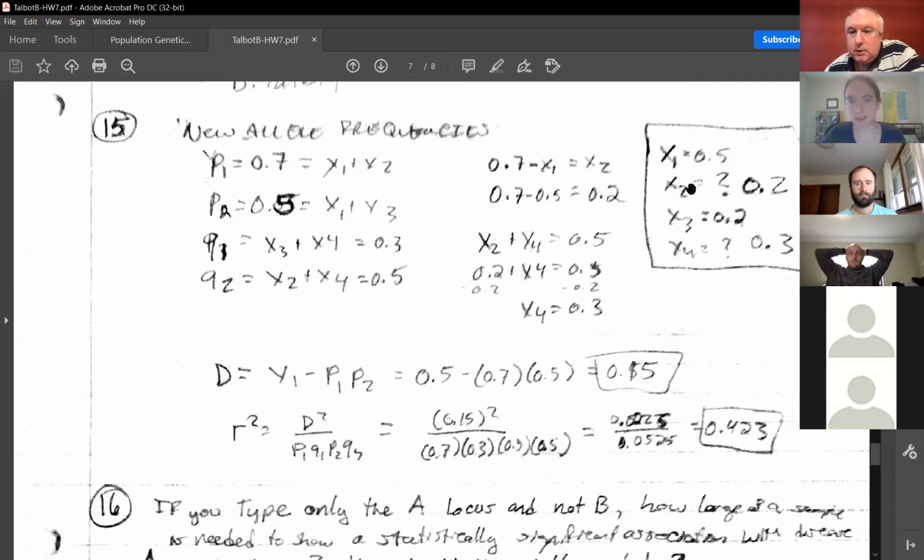What I needed to solve for was X2 and X4, because those are the two different, not heterozygotes, but A1, B2, A2, whatever. So I think I solved for X2 and then used that to help me solve for X4, and it gives you pretty close values.